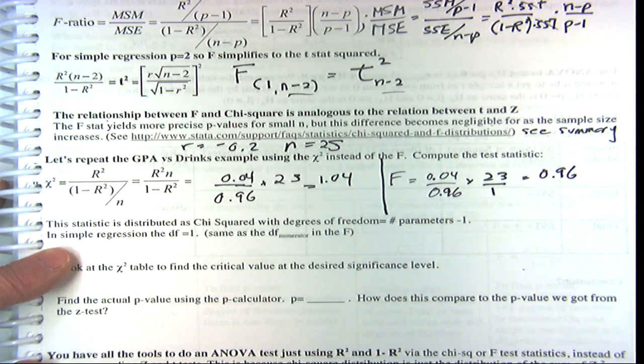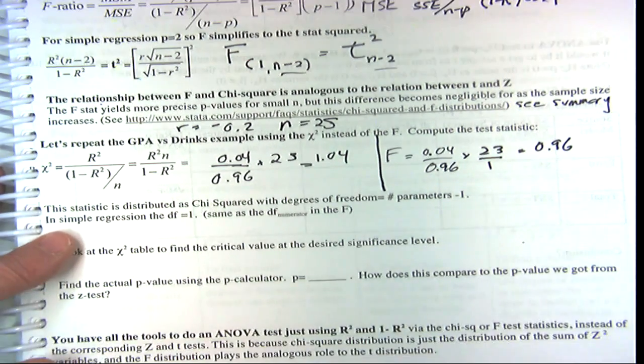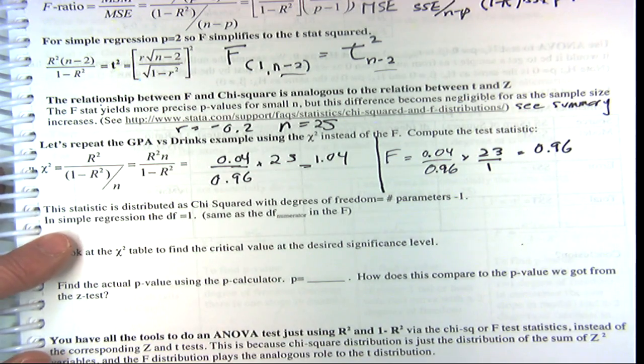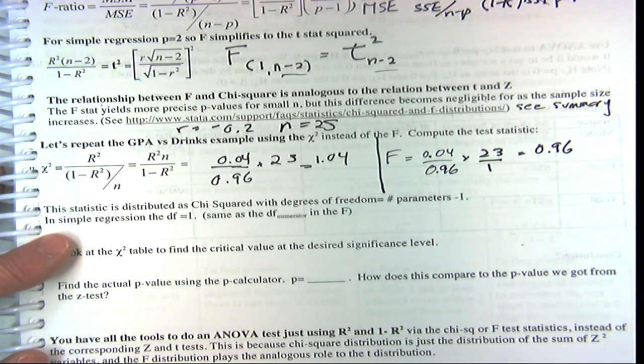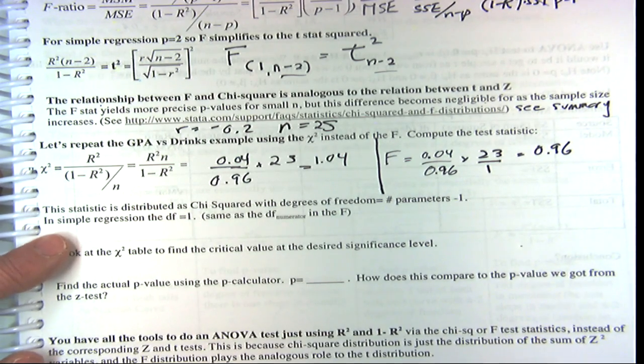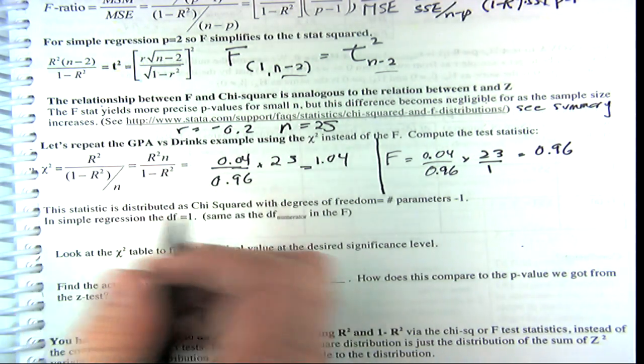It just says how many degrees of freedom it has is how many groups. We've seen this before: number of groups minus 1, or the number of parameters minus 1, the number of categories minus 1. Before it was the number of categories minus 1, here it's the number of parameters minus 1, same difference.